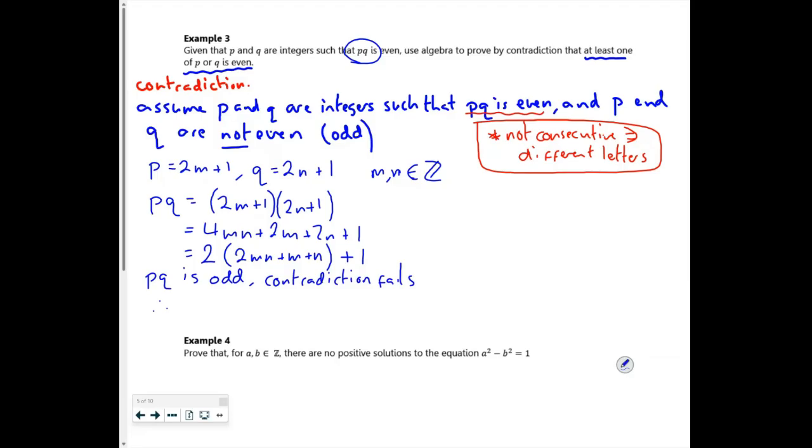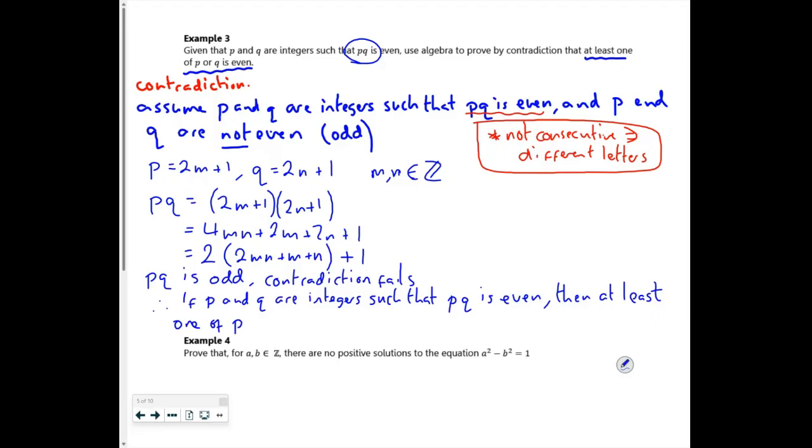Therefore, if P and Q are integers such that PQ is even, comma, then at least one of P or Q is even.